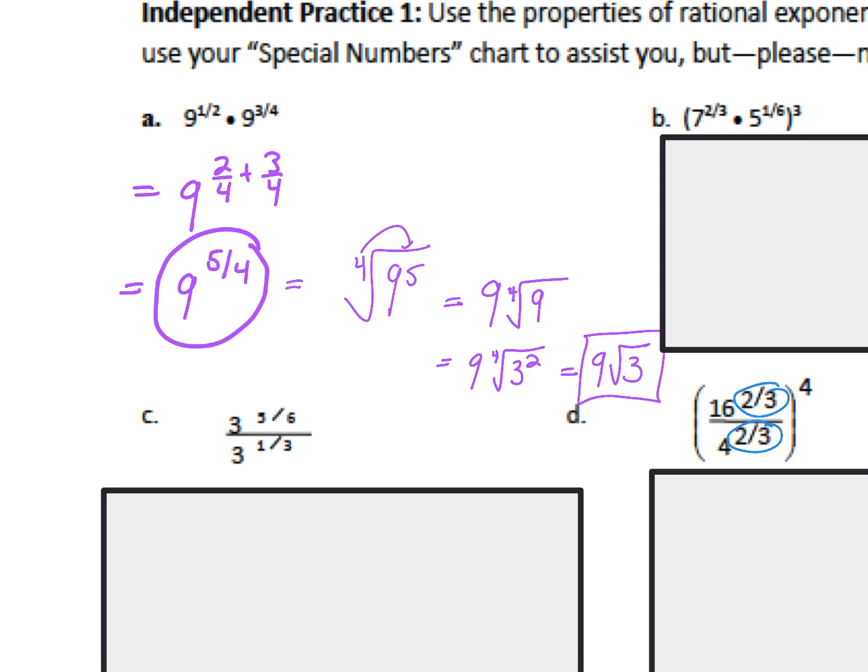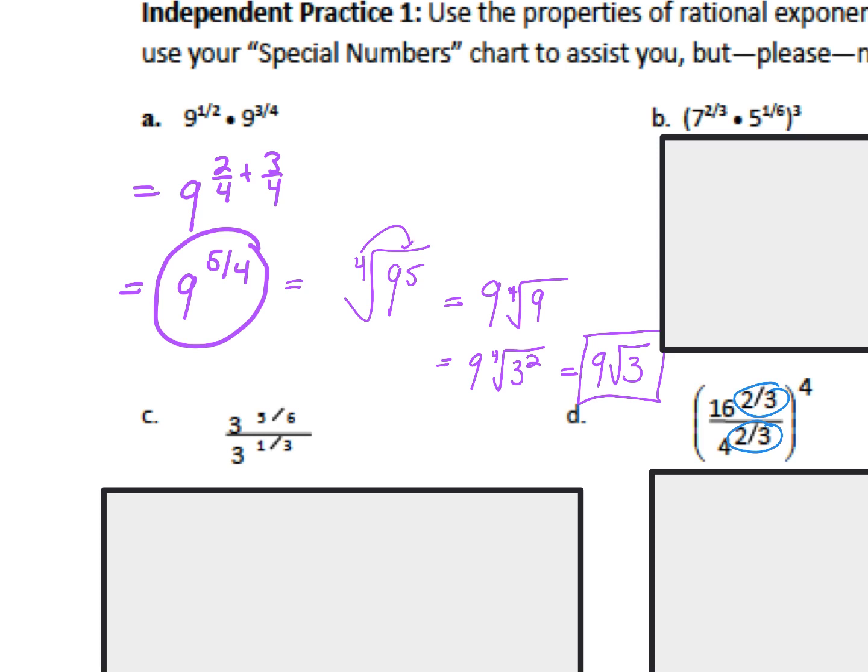Everybody in the room, as I walk around, you were adding your exponents. A half is 2/4 plus 3/4. That's 5/4. So that looked good. 9 to the 5/4, legit, super proud of you. That's progress, okay? The next thing we would do is our root rule, right? So this is the same as 9 to the 5th, but then we have to 4th root it. That's how I got this step.